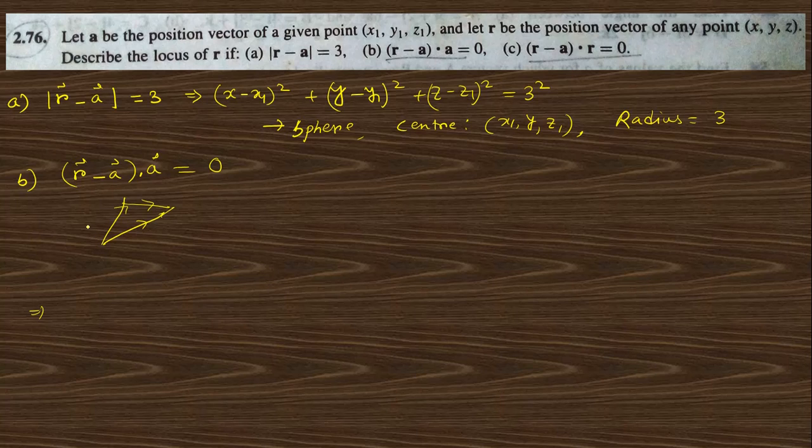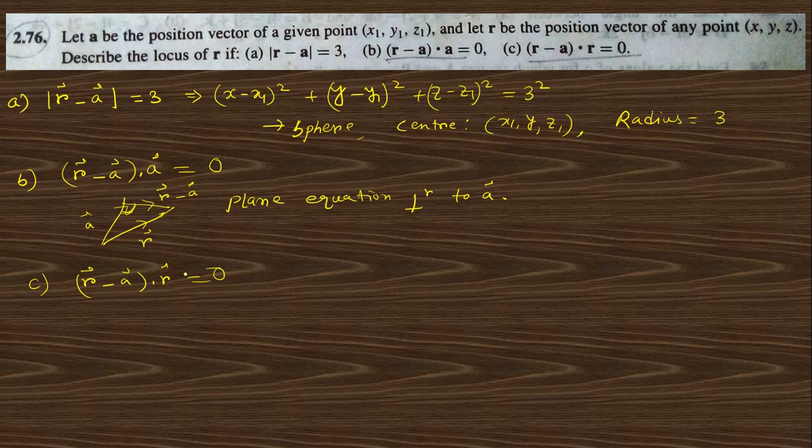If R minus A and A are perpendicular, this angle is 90 degrees. So this represents the equation of a plane perpendicular to the A vector.